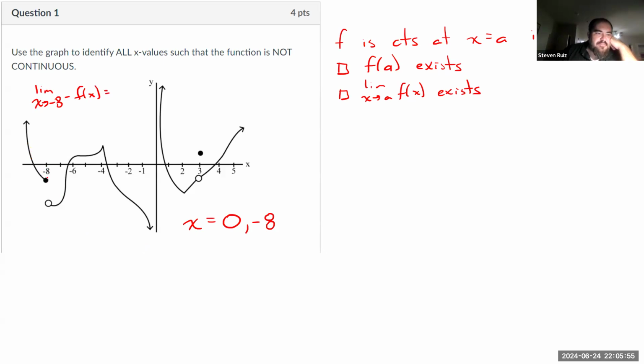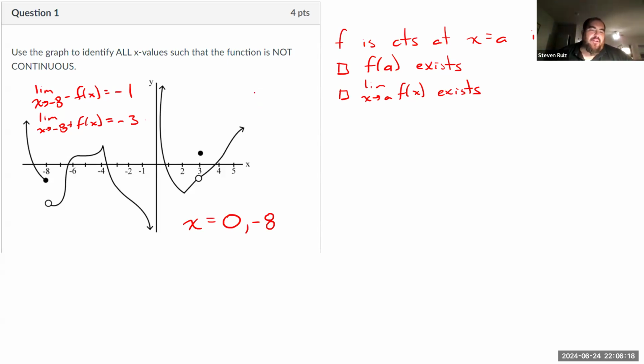Looks like that's about say -1. What's the limit as x approaches -8 from the right? That is clearly not -1. That's about, we'll say -3. So those one-sided limits don't agree, which means the two-sided limit can't exist.